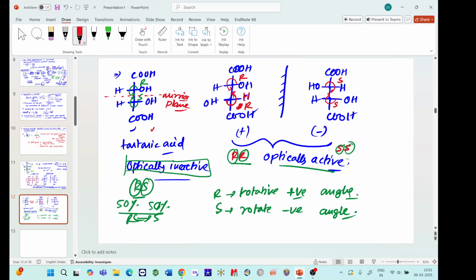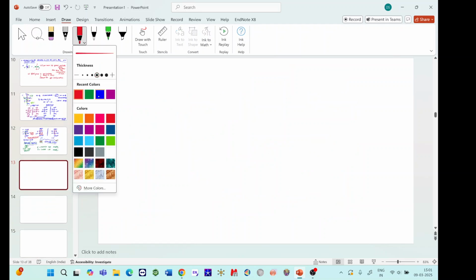This kind of compound is called a meso compound, where we have this kind of mirror plane. You can see there are chiral centers, but still you are not getting any chiral signal. So it is a very interesting topic.